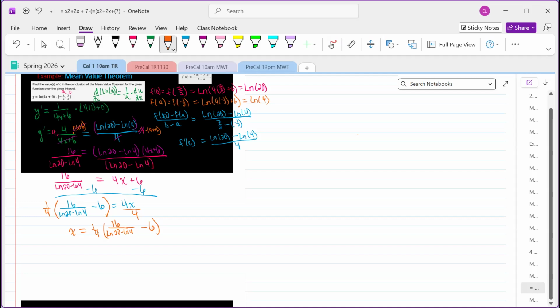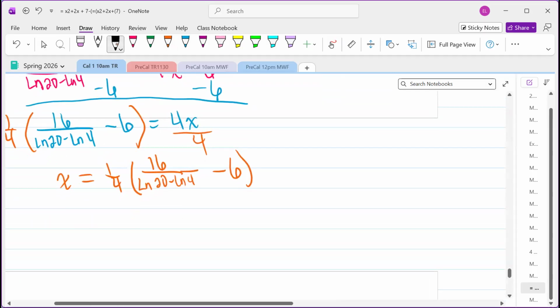So I'm just going to do the little fraction first. So 16 divided by the natural log of 20. But when I go to type this, my calculator, when I type natural log, opens a little set of parentheses. So I'm going to write those parentheses in so I can follow, am I putting my close parentheses in the right spot? But I'm also going to need parentheses around the bottom. So there's a lot of parentheses just to type that little fraction.